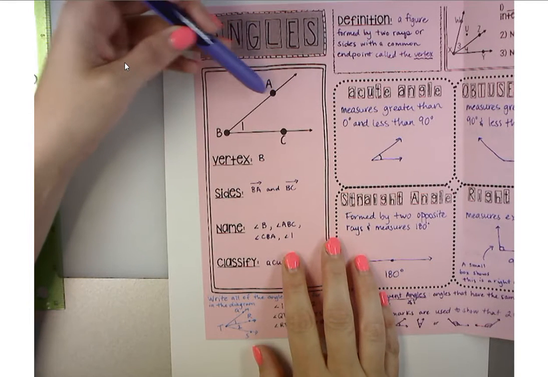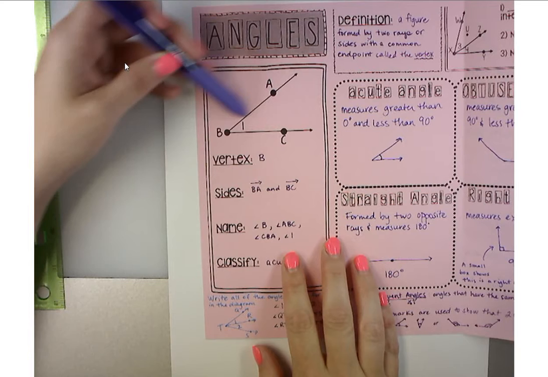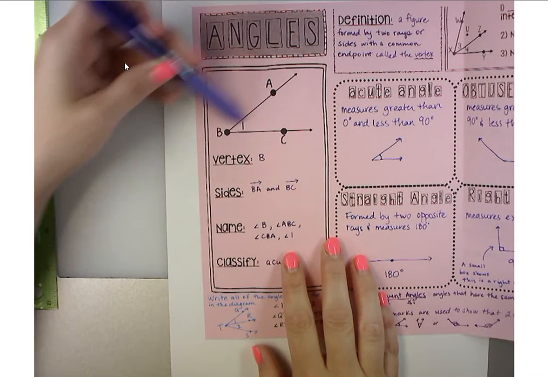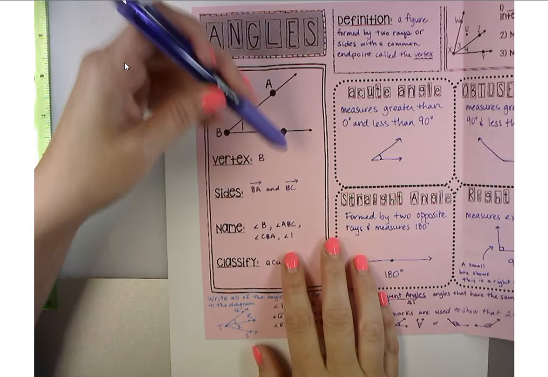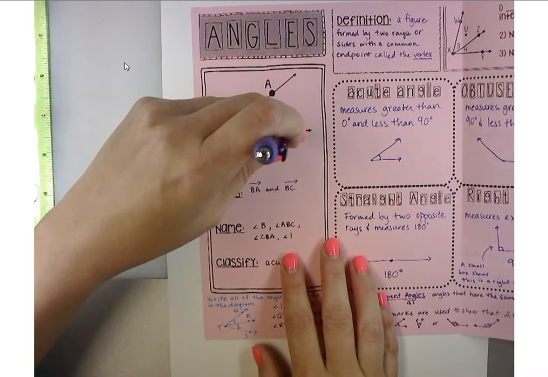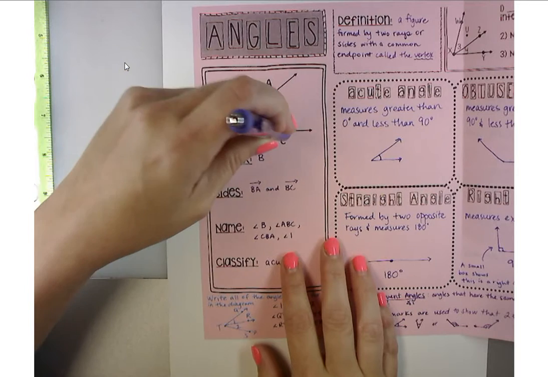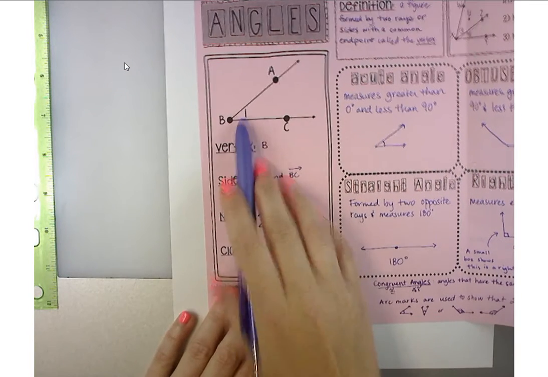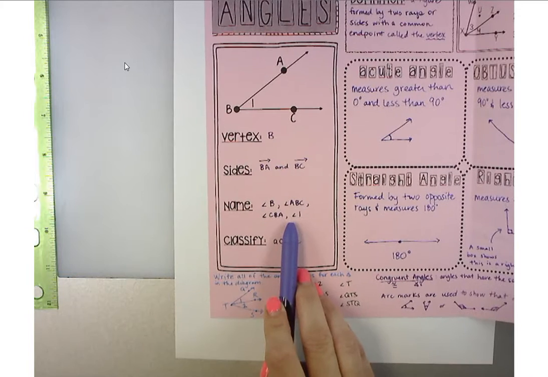So you would start at A and then go to B and then go to C, or you could start at C, go to B, and go to A. That's why you couldn't just skip from C to A to B, because you would have to pick your pencil up to go to that point. And then the last name, because we have the 1 on the inside, you could also call that angle 1.